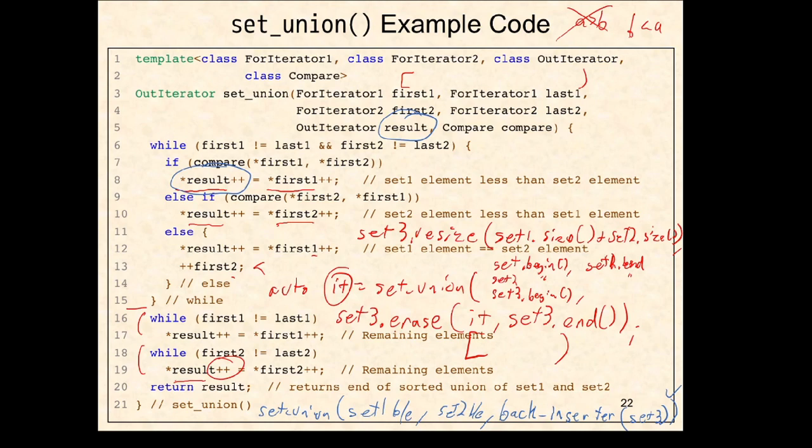It basically does a push_back on set 3 and takes care of all of the bookkeeping for us. So with this one, we don't have to resize set 3 beforehand. We don't have to resize set 3 after we're done. We just have to use a back inserter on set 3. So you can look up back inserter and see how to use those.